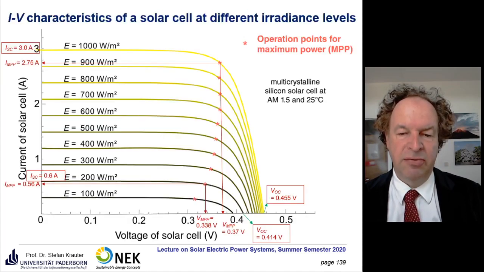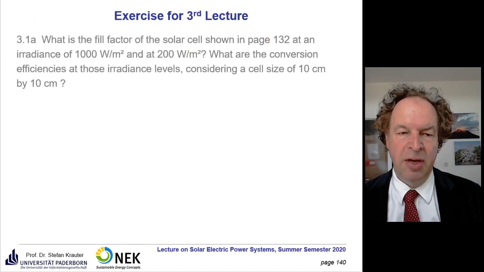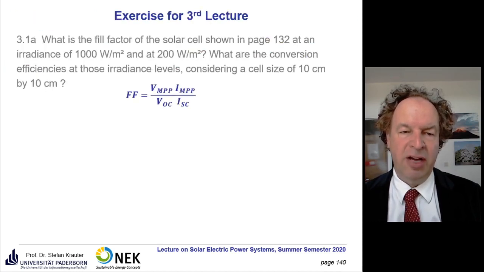So we put these numbers from the graph into the formula for the fill factor, which is voltage in the maximum power point times current in the maximum power point, divided by open circuit voltage times short circuit current.